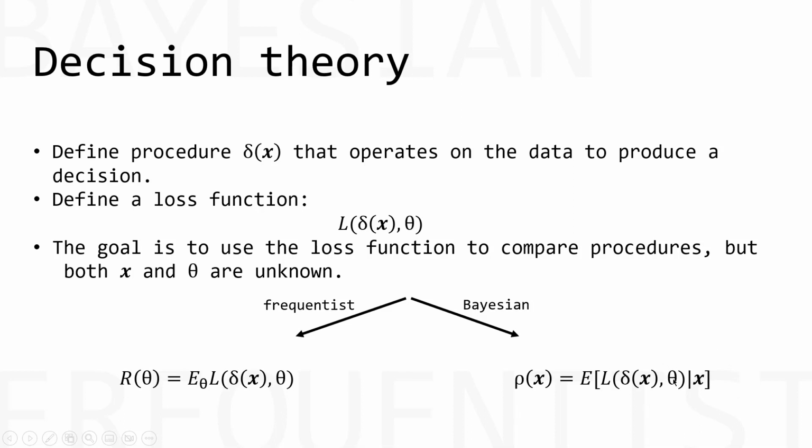So in this case we consider theta as random. We take the conditional expectation of the loss function given x, where theta is considered random here. Then we still have a function of x. We got rid of the theta part, but we still have a function of x.